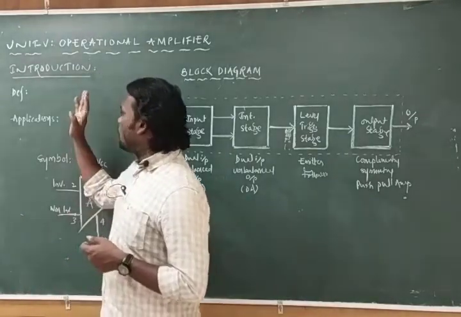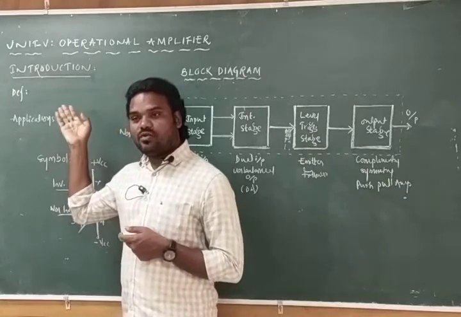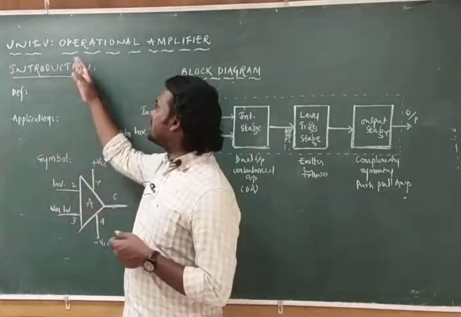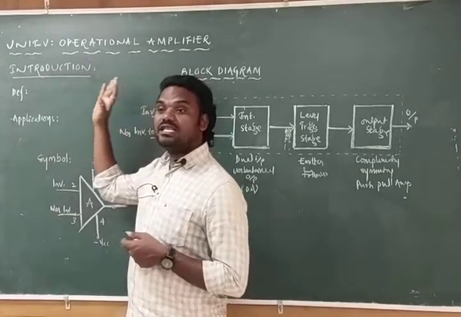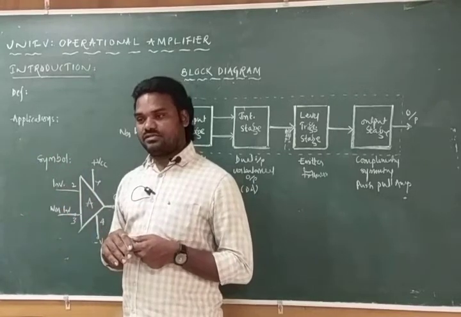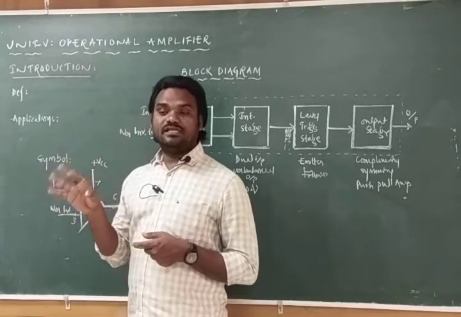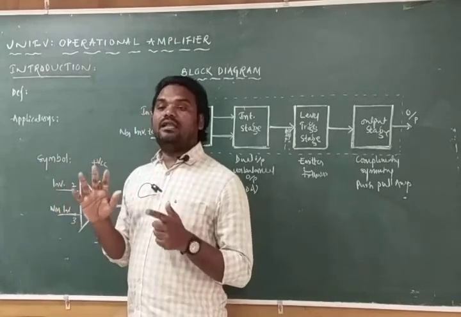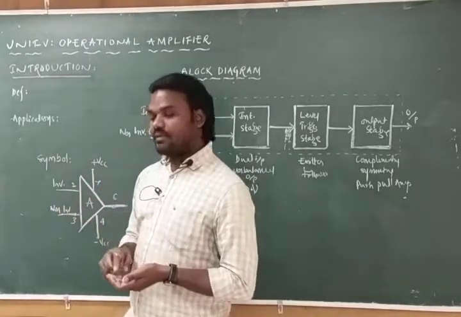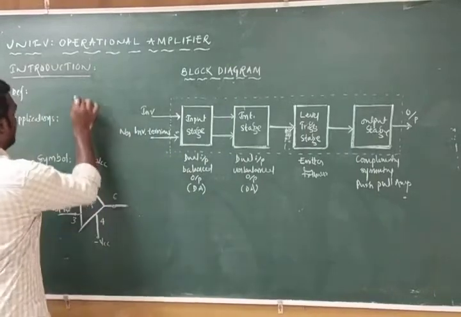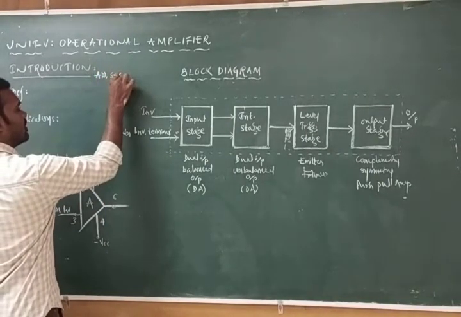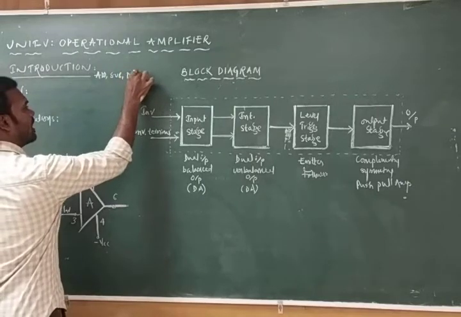Historically it was designed to perform mathematical operations, so it is named as operational amplifier. While it was designed, the main intention was to make mathematical operations: addition, subtraction, differentiation and integration.